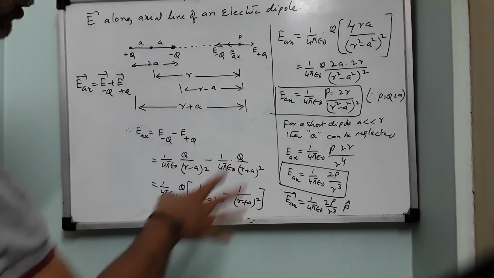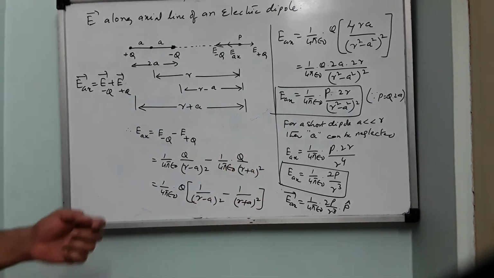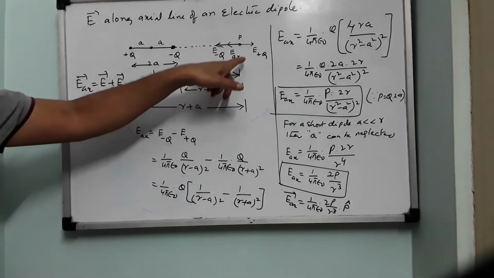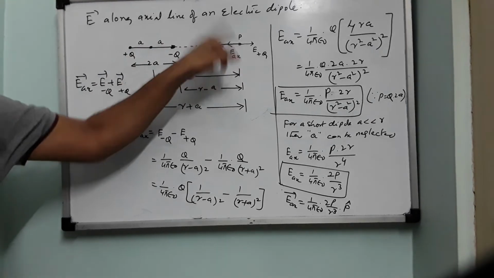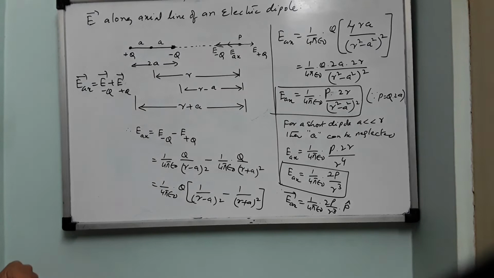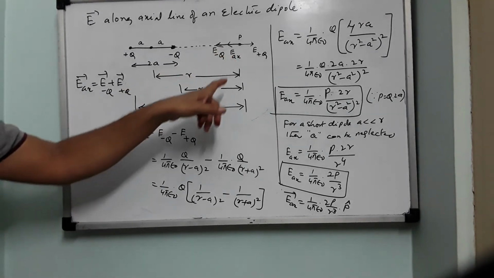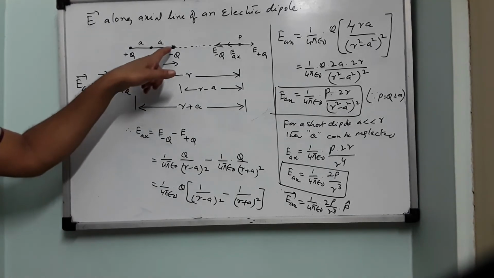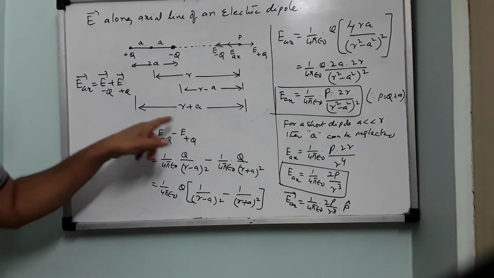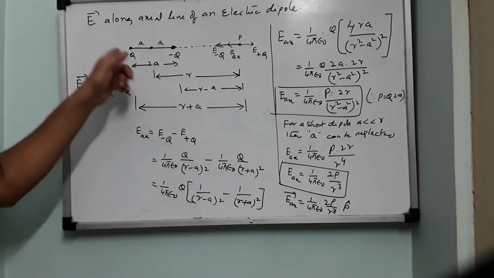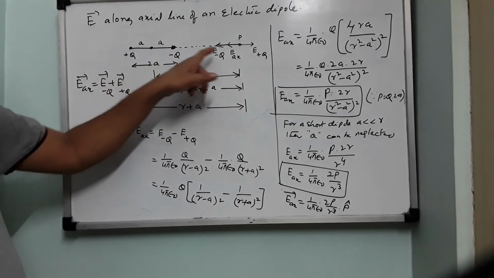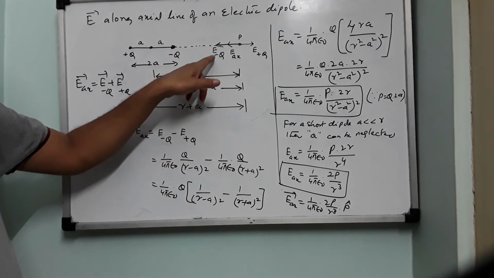Okay, so very short. So what we have done, you have selected a dipole of length 2a, then you have located a point P on the axis, axial line, extended line. So you considered this point P to be at a distance r from the center. Automatically this distance will become r minus a and this will become r plus a. And then you have come to the conceptual understanding that minus q will produce radially inwards electric field, this one.